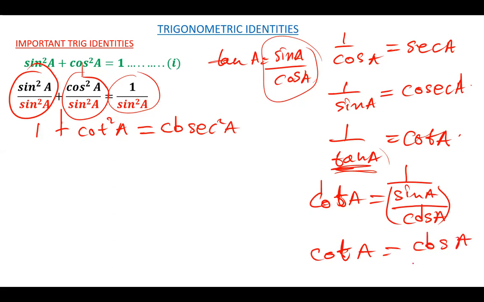So meaning this will be cos A over sine A. So cot A can also be written as cos A over sine A. If there's a squared, it means that you also have to include the squared there.